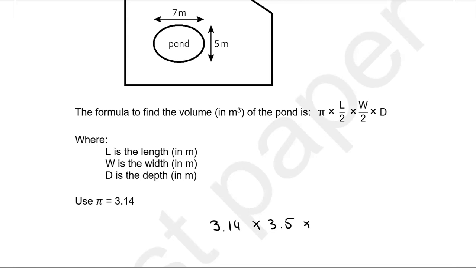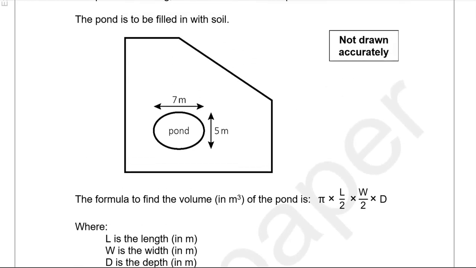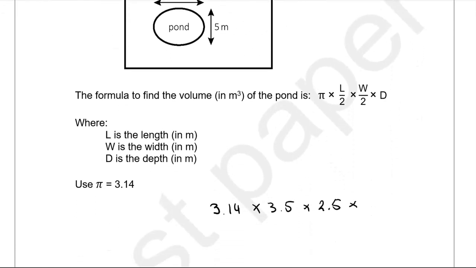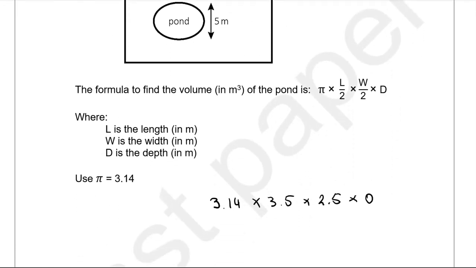And the width is 5 divided by 2, that is going to be 2.5 times the depth, which is 80 centimeters. So in meters, that is going to be 0.8. Multiplying this with a calculator, we get 21.98 cubic meters.